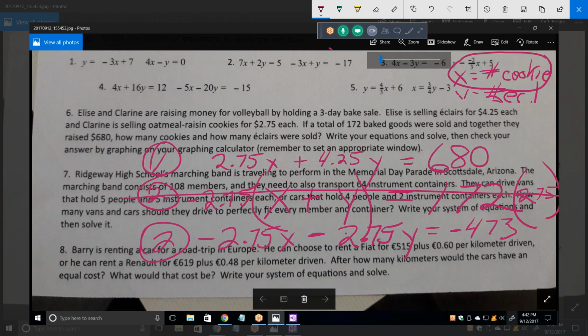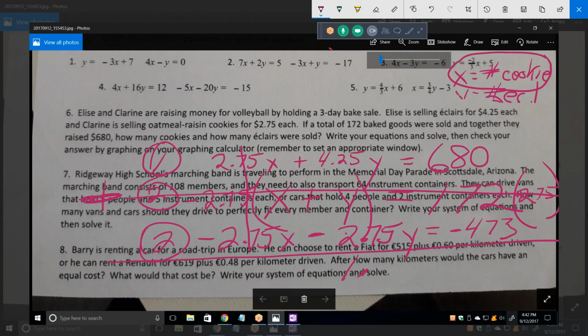Notice how I got it? Every term of it. Now all I've got to do is add old equation 1 to new equation 2. The most important thing is the x's go away. The y's aren't that hard.